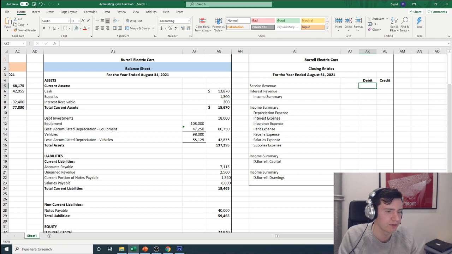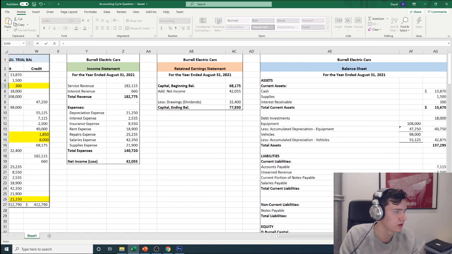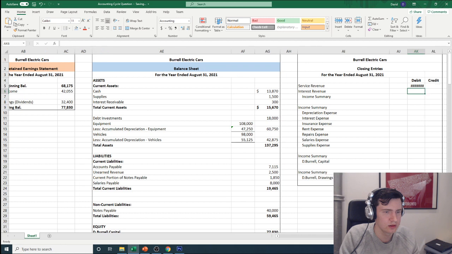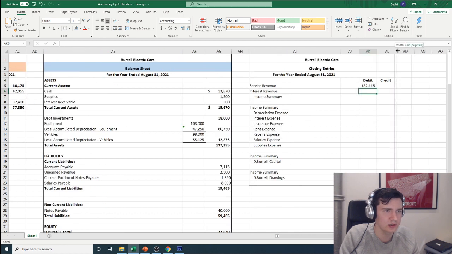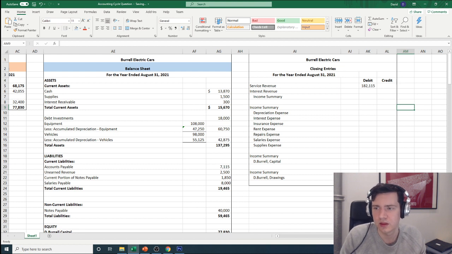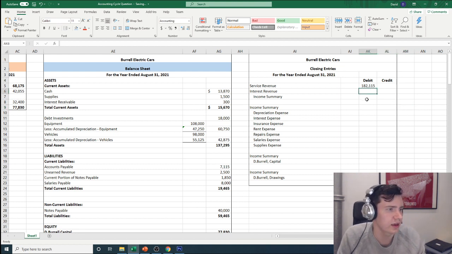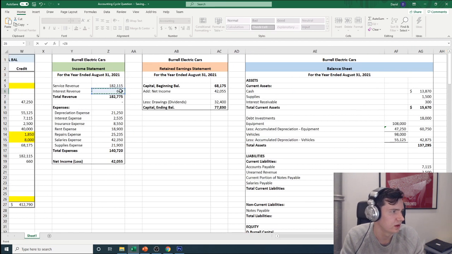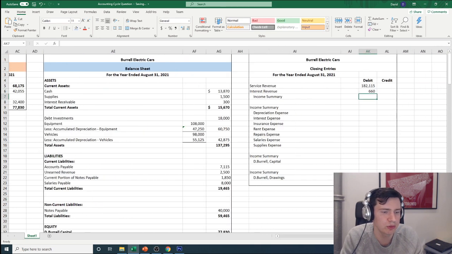So the service revenue account has a balance of $182,115. Got some little Excel numbers because our cells are not. Okay, and then we're going to take the interest revenue amounts, and both of those revenue amounts are going to be closed to income summary.